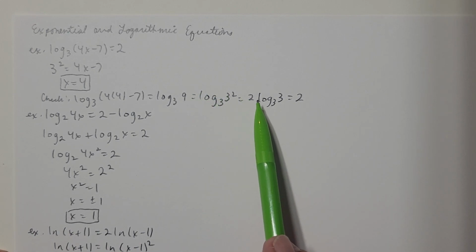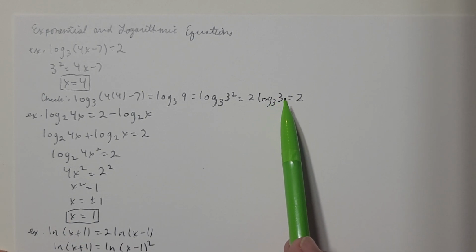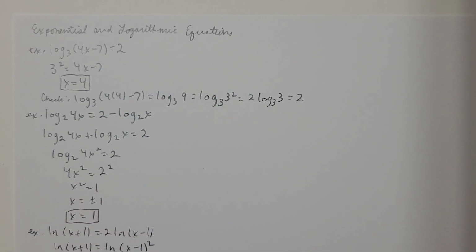So I got 2 times log base 3 of 3. Log base 3 of 3 is 1. So I get 2. 2 is what I had to get. Okay, so x equals 4 is the right answer. Okay, go ahead and circle that. Now, for whatever reason, if I were not getting 2, then I would cross off that number, and I would just have no solutions then. Okay.